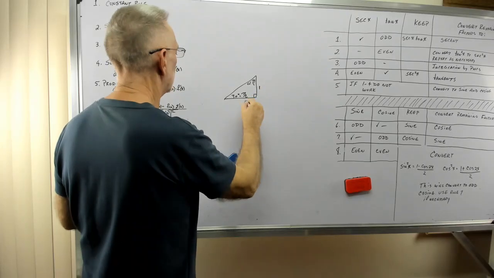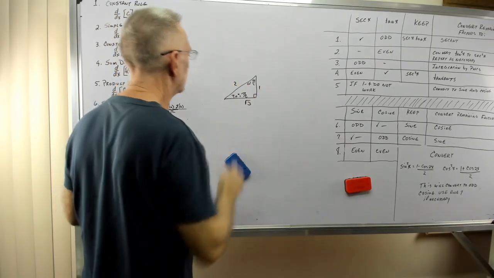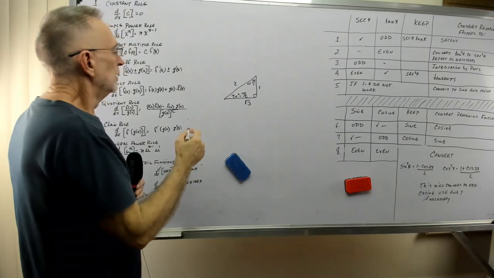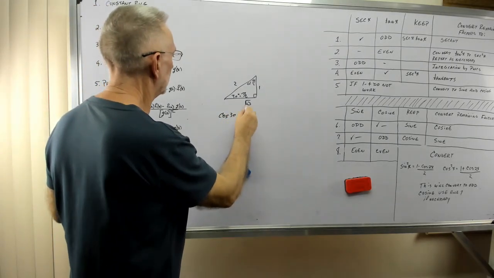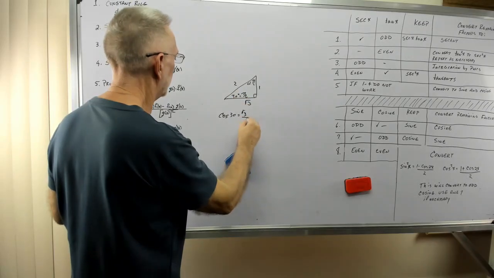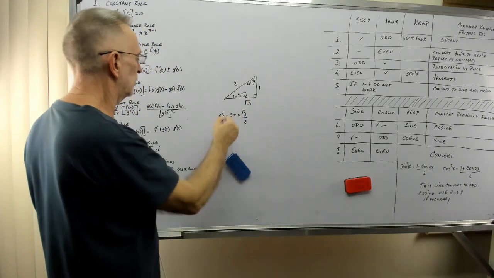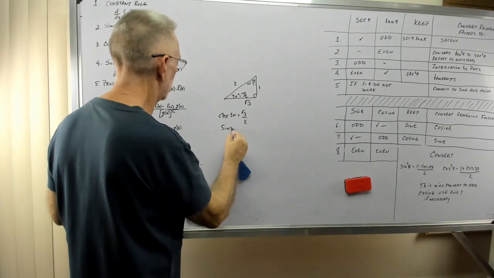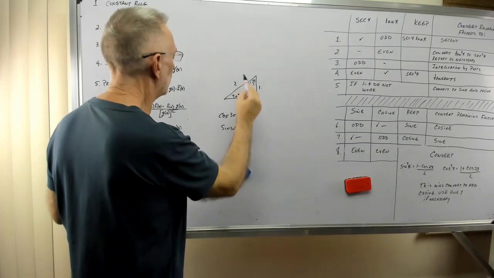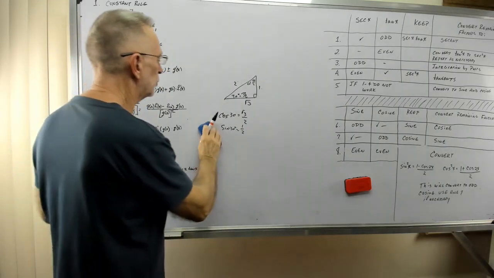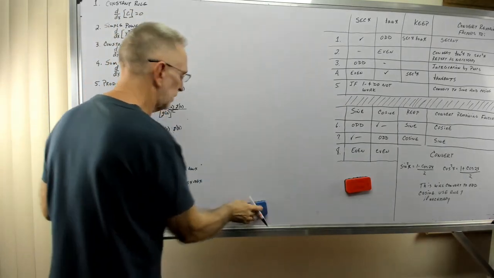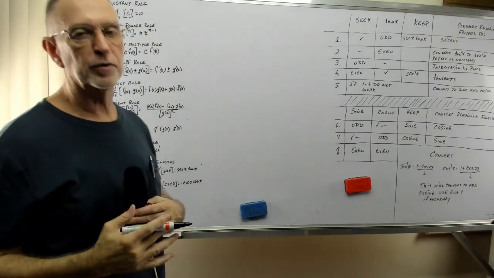So the sides are 1, square root of 3, 2. Cosine of 30 degrees is square root of 3 over 2. Sine of 30 degrees is the opposite over hypotenuse, so that's 1/2. So you should be familiar with sine, cosine, tangents, all of those from a trig perspective.